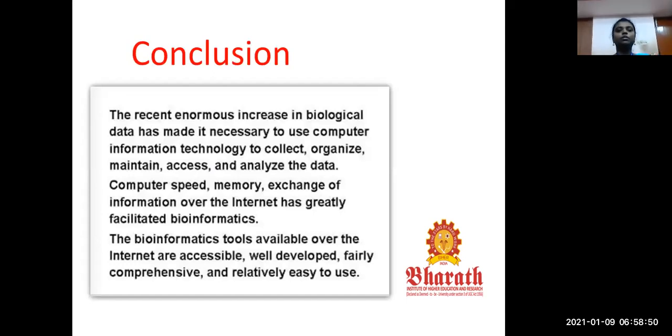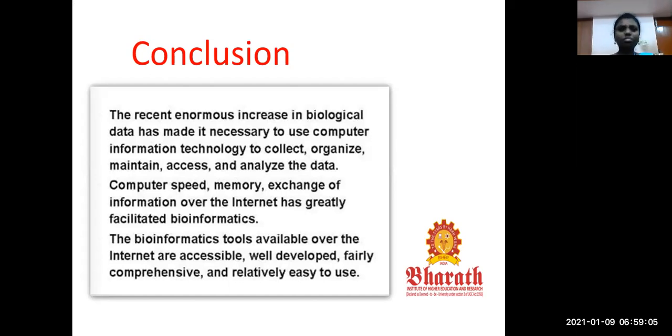And last, we came to the conclusion. Here, in this conclusion part, we are telling about how this bioinformatics is widely used in the field of biology.